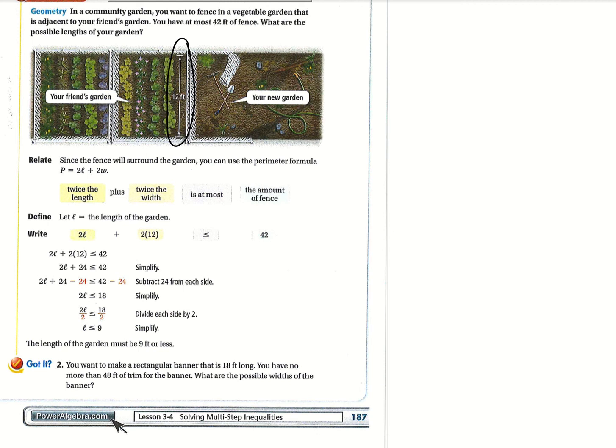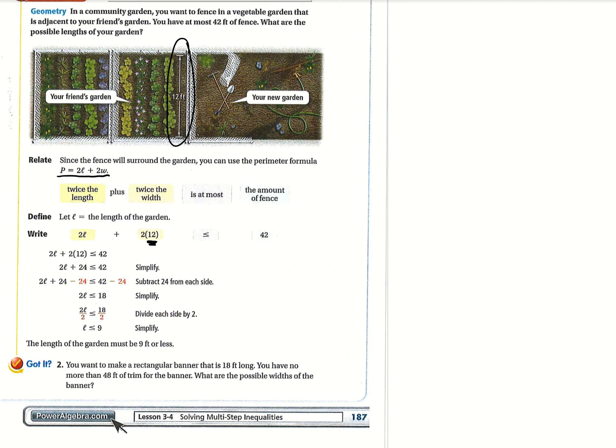Since we know it is a rectangle from the drawing, we're going to use this for our perimeter, not our area. That's 2 length plus 2 width. Because we already know the width is 12, we can plug in 12 right there.